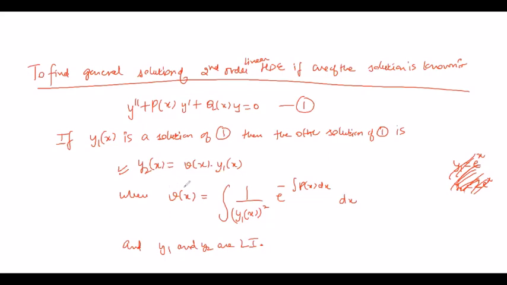So for that, this is the formula. So let's just do the question. Once you get y1 and y2, we know the general solution will be c1 y1 plus c2 y2. That result is still valid. So let's do the question for the same.